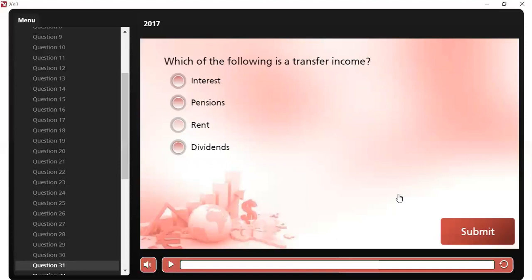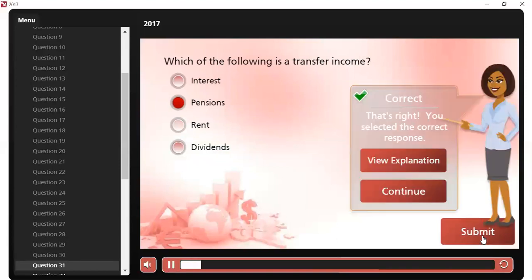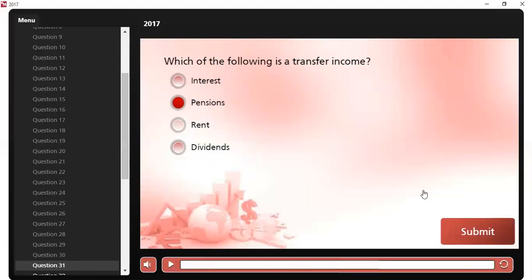Which of the following is a transfer income? What is transfer income? Transfer incomes are those incomes that are not worked for. Example, donations, or what we have here, pensions. You can work for and get interest, rent, and dividends, but the right answer has to be pensions.